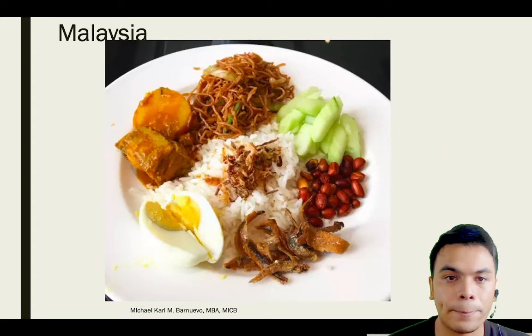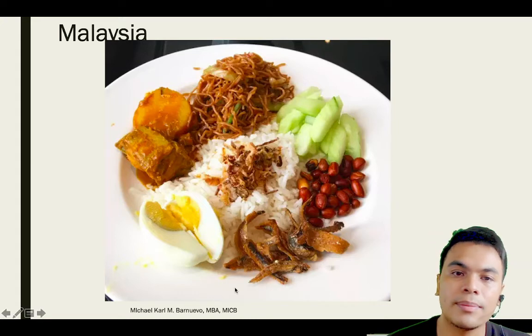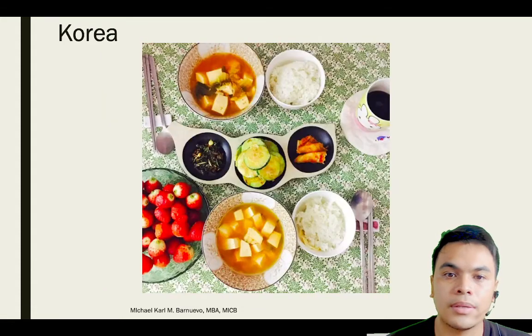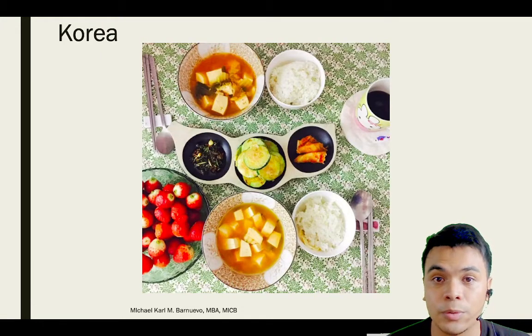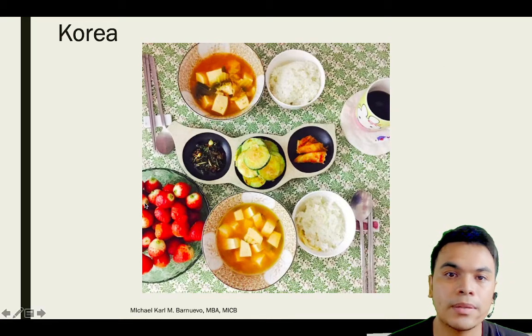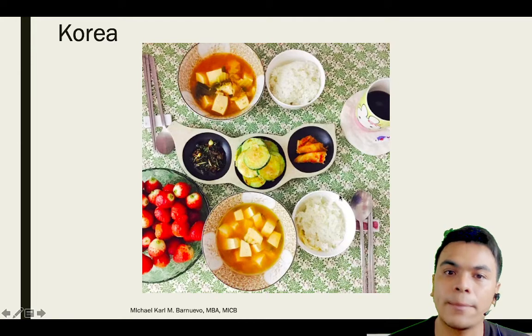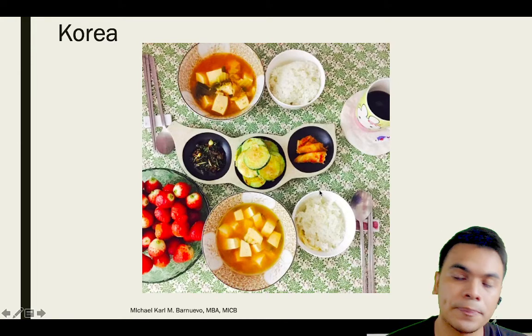Same with Malaysia: rice, egg, vegetables, peanuts, slices of meat, and they also have dried fish like daing. For Korea, I guess some of you prefer Korean. They have their soup, kimchi soup with tofu, rice, which is never missing, and of course the side dishes.